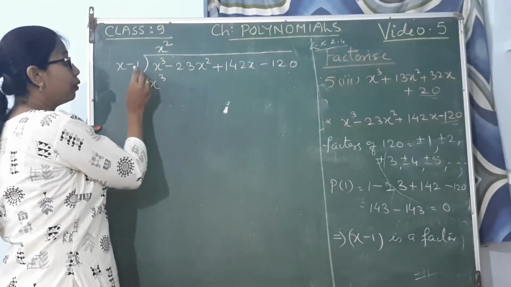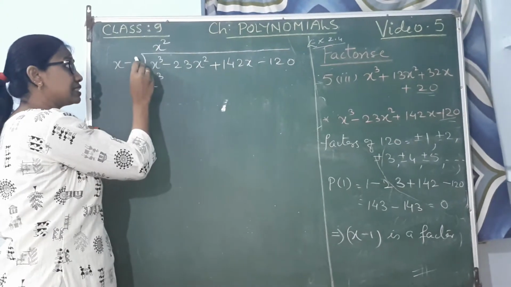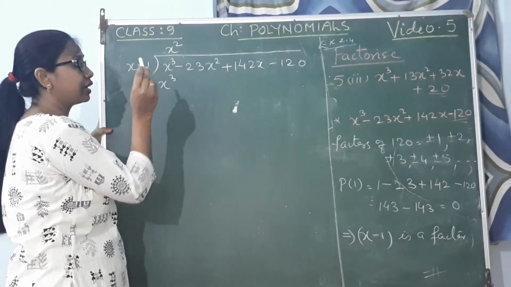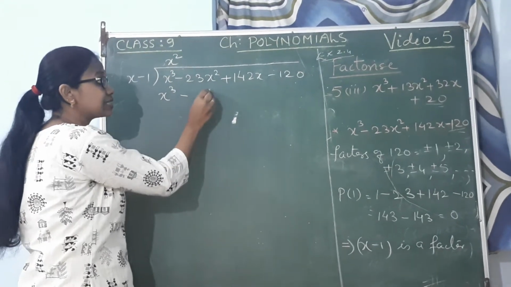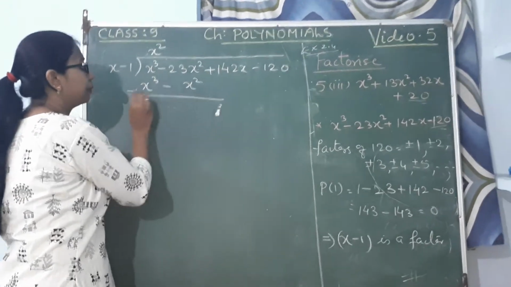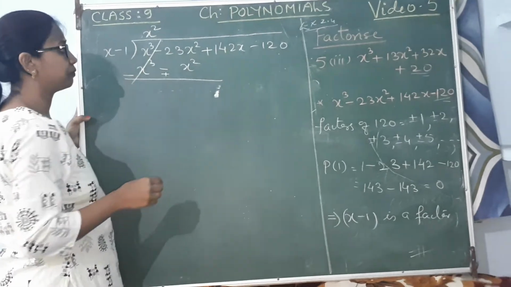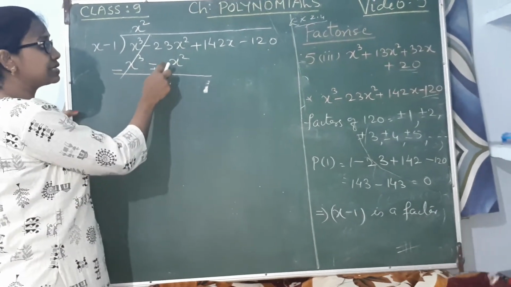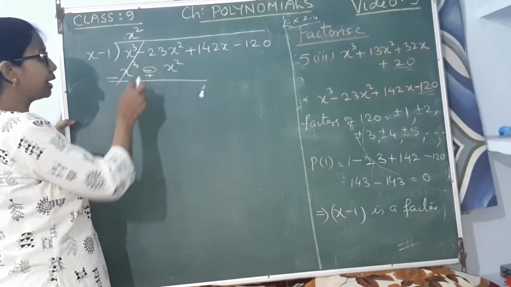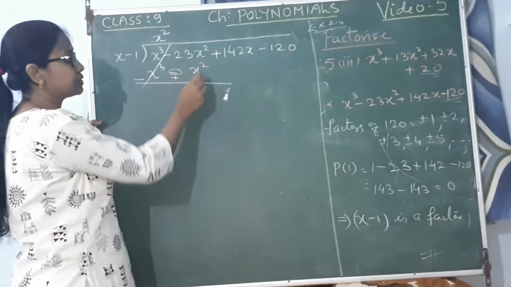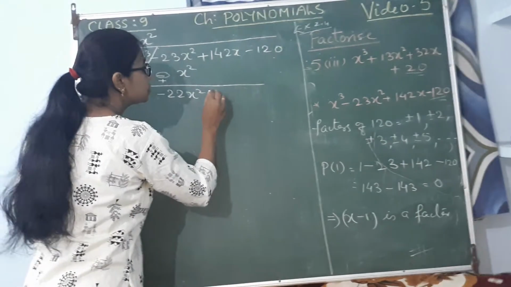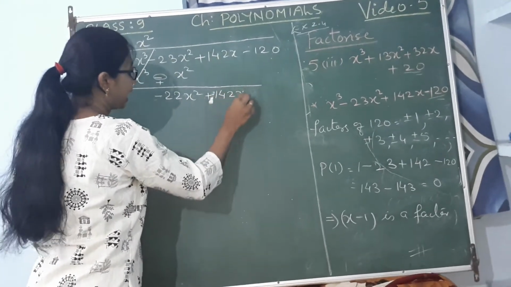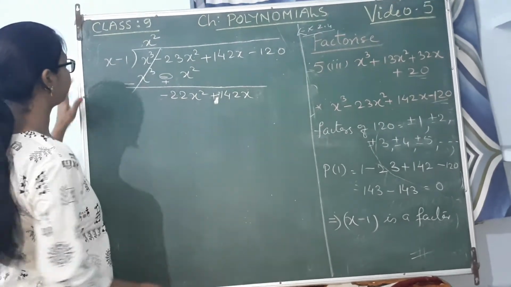Now the next procedure is multiply this with the constant term and write down here: 1 into x square gives you minus x square. Change the sign. Minus 23 plus x gives you minus 22x square plus 142x.